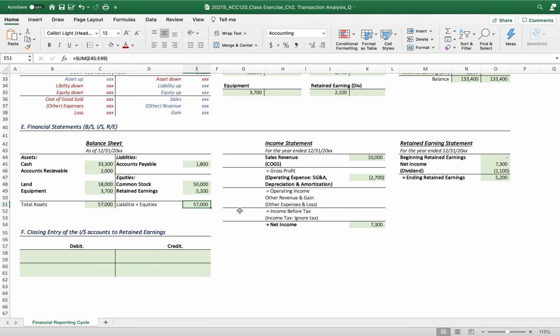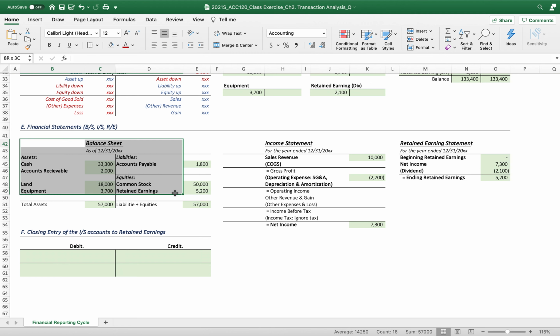Okay, the last step is the closing entry of the income statement accounts, because now all the income statement transactions are collected into this retained earnings, because net income includes all the transactions of the sales or the expenses, right? So we have to remove these transactions related to the income statement, because we put all the balances on the balance sheet and the retained earnings include the income statement transactions as well.